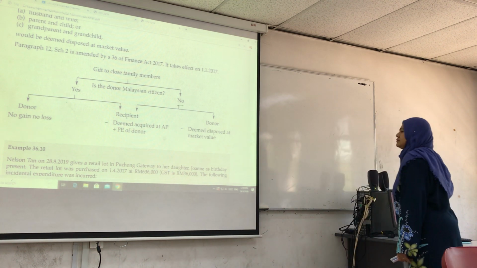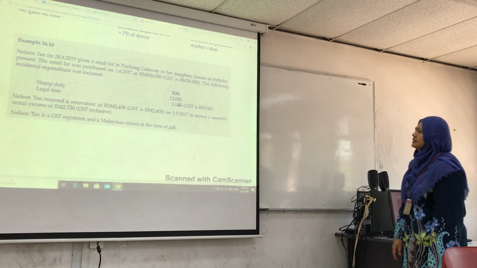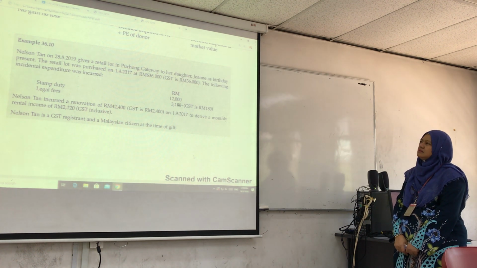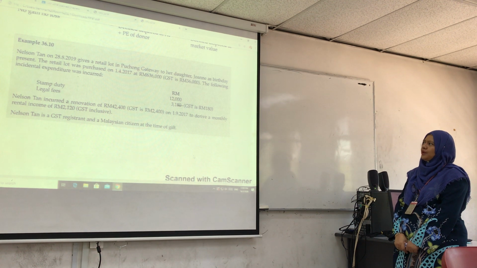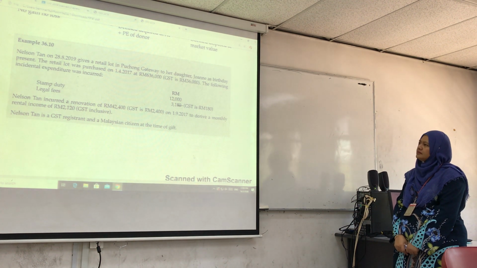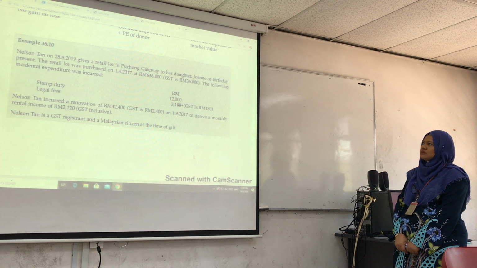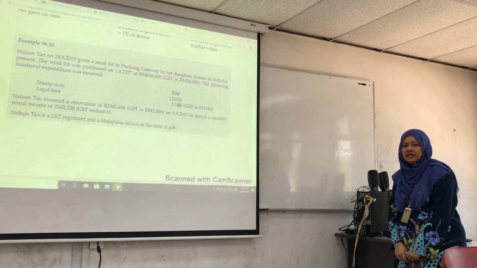Example here. Nelson Tan on 28th of August 2019 gives a retail lot in Puchong to her daughter Joanne as a birthday present. The retail lot was purchased on 1st April 2017 at 636,000. In this case, GST is 36,000.